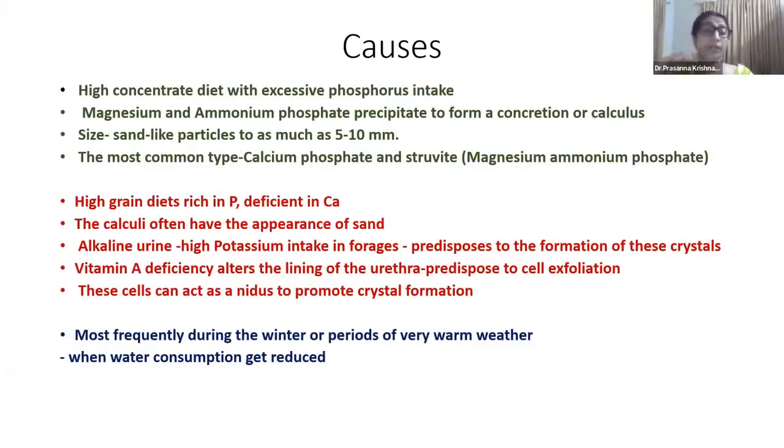This happens most frequently during winter or periods of very warm weather. The weather also predisposes, because in these conditions the animal may consume less water. So when water consumption is reduced, that becomes another predisposing factor for the development of urolithiasis.